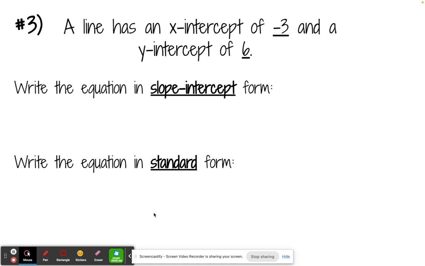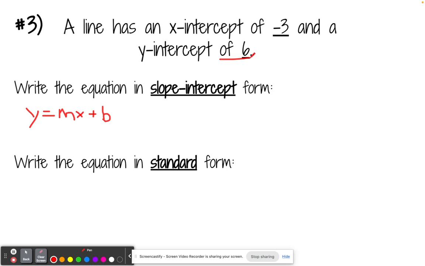Now, it's a slope-intercept form, so I want it in y equals mx plus b, right? The first thing I know is I already know my b. My b is right here.